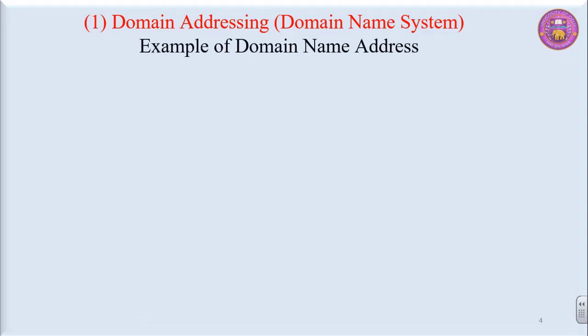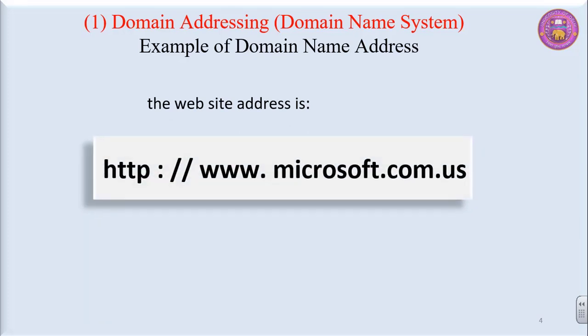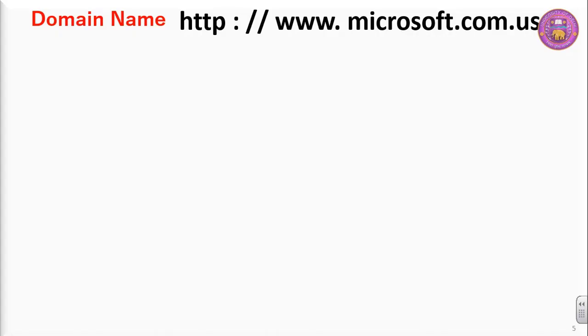Example of domain name address. The website address is http://www.microsoft.com.us. This is a domain name address, or we can call it domain addressing or domain name system.